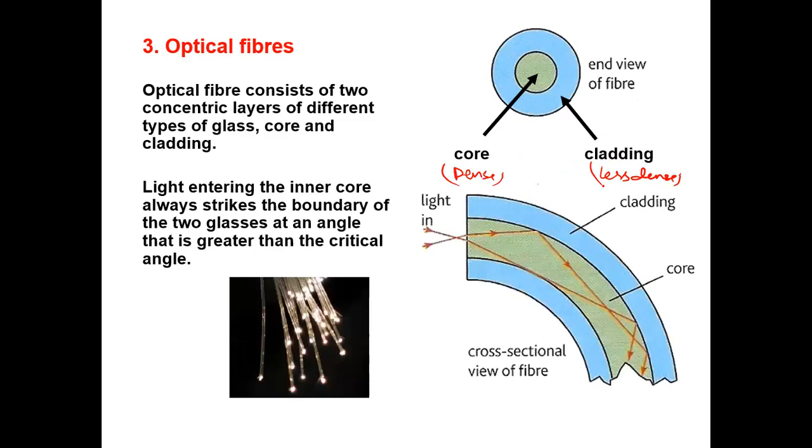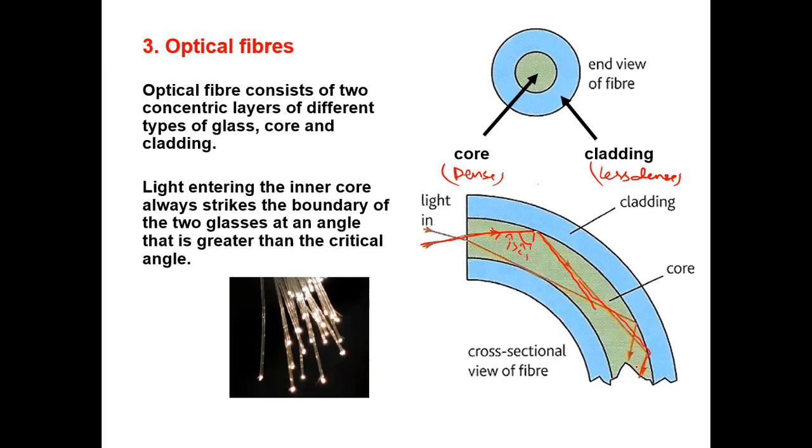When light goes into the dense glass, it is set at such an angle that the angle of incidence is greater than the critical angle, and it is reflected inside. So the data is transferred in the optic fiber in the form of light or infrared rays, and total internal reflection happens in that, and that carries the data at a very high speed.